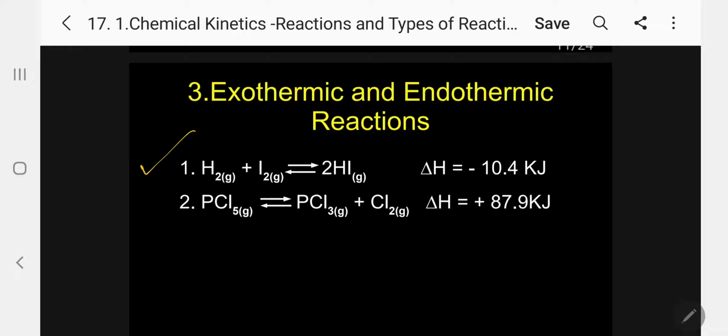H2 gas plus I2 gas, reversible arrow, 2HI gas, that is the formation of 2HI, delta H is negative. Generally, the formation of any compound is exothermic. The decomposition of any compound is generally endothermic, positive.